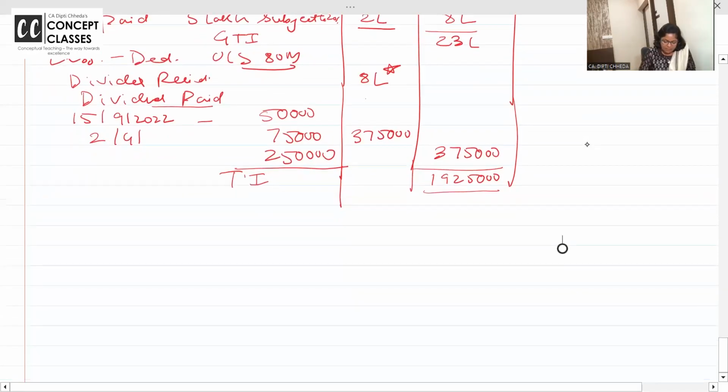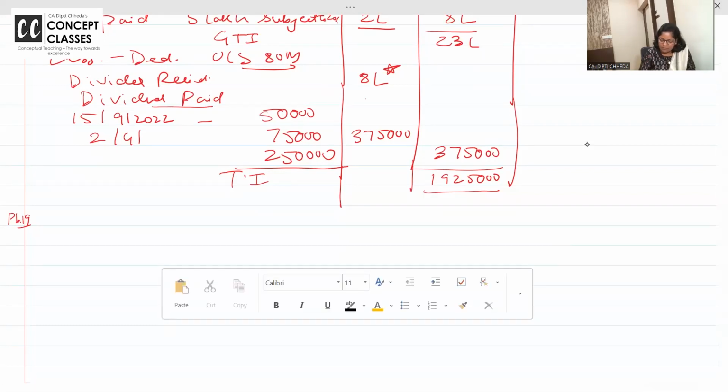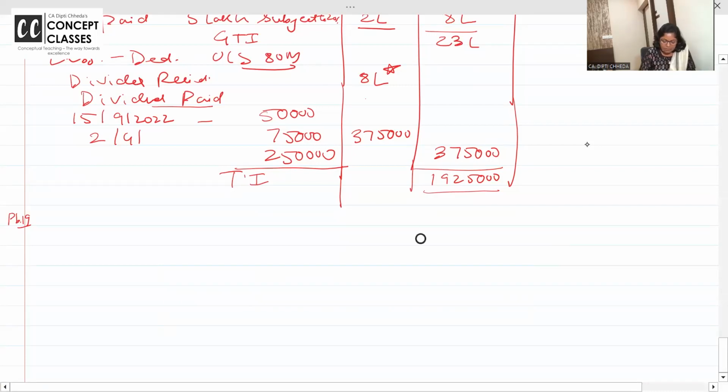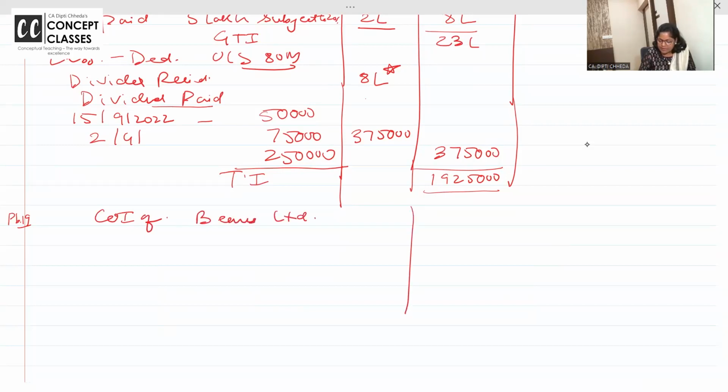19th problem. Computation of income of Beings Limited.